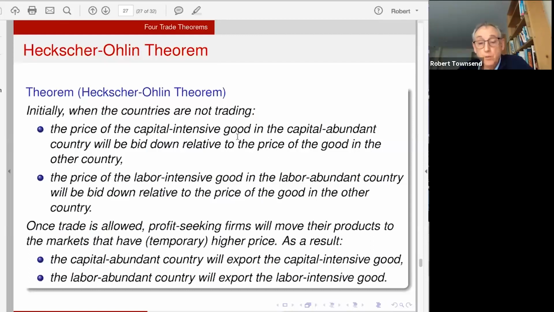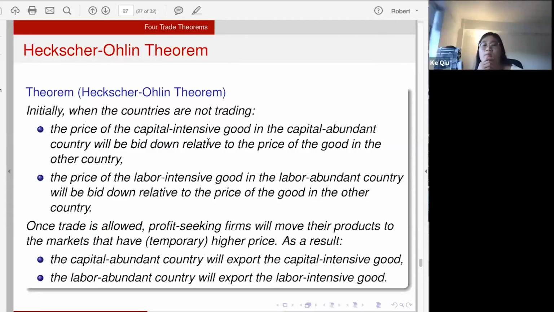The good that is capital intensive, if produced in the capital abundant country, should be relatively cheap because the other country is abundant in labor and scarce in capital. My question is that this cheap means the relative price was cheap.